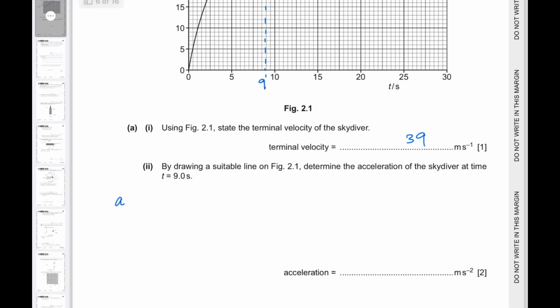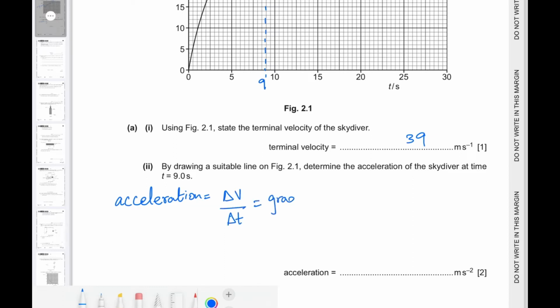Using this, acceleration is equal to delta v, change in velocity over time, which is the gradient here, and that will be 41 minus 27 divided by 5 minus 1, and that is equal to 1 meters per second squared. Your values can range from 0.9 to 1.1 meters per second squared depending on the coordinates you have chosen.